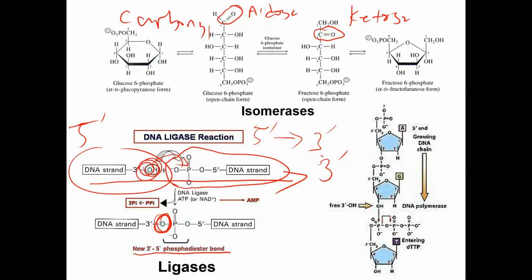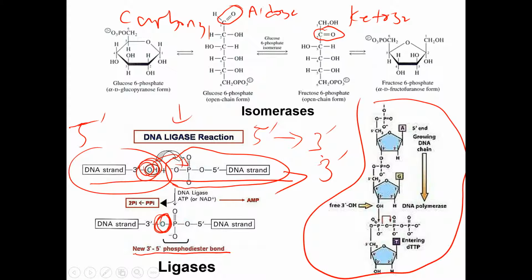That's what you're seeing here, the reaction, where you have your growing DNA chain with the 5' end here, being synthesized in the 3' direction. Here you have your 3' hydroxyl on your pre-existing DNA chain, and a phosphate on the little nucleotide that's going to be attached to it.